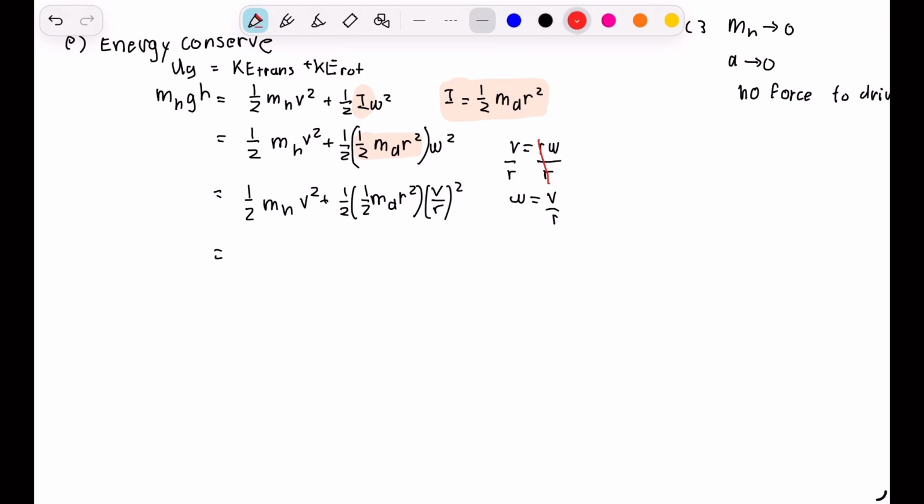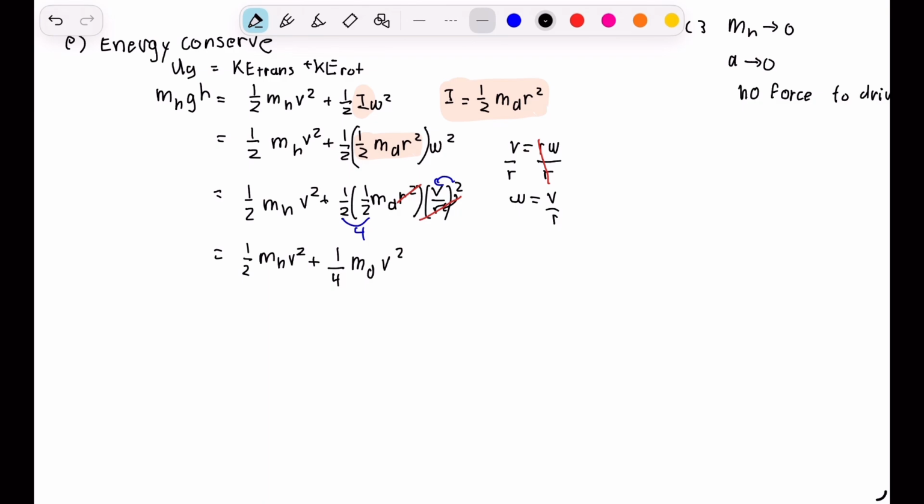So here we have an R squared, and we have an R squared here, that means that R squared would cancel out with the bottom. We have 1/2 here, so we can multiply 2 times 2, and that would be 4. This would give us 1 over 4 mass of the disk times velocity squared.